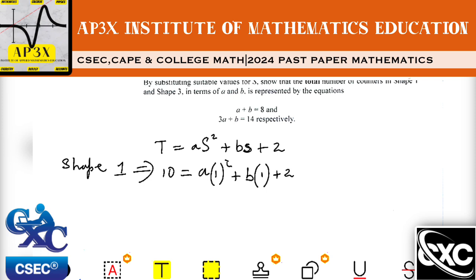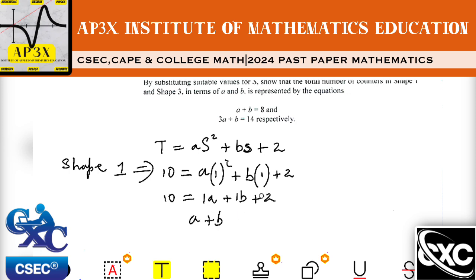2. All right, so if we simplify this, then we have 10 is equal to A times 1 squared is 1, so that's 1A. And then of course we have 1B, and that's going to be plus 2. And if we fix this equation up, then we can say A plus B, so that's 1A plus 1B.